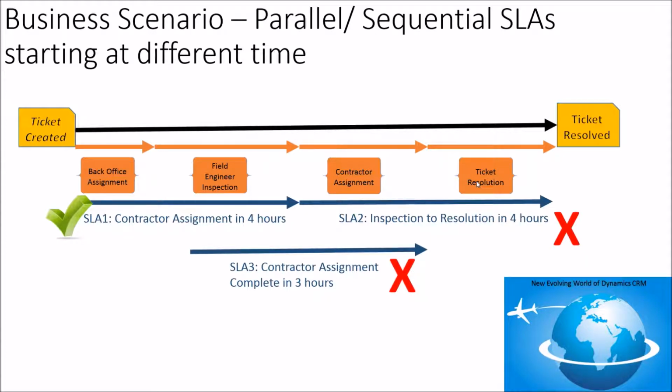So what we actually did to implement SLA 2 and 3, you have to think back, and I have talked about this many times earlier. Any SLA you define actually creates a wait workflow behind the scenes. So any SLA is nothing but a wait workflow at the system level.